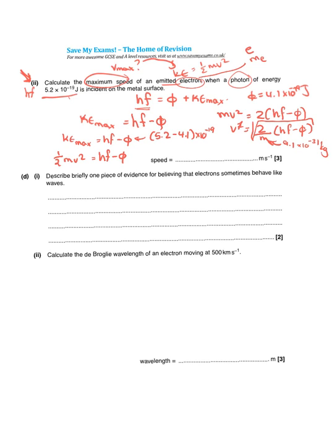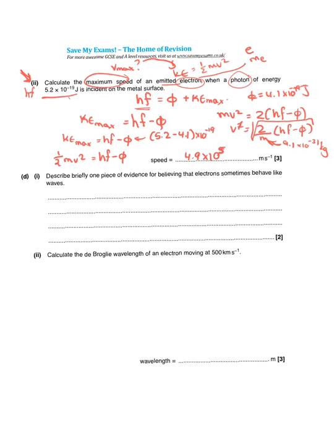Just put the numbers in and you should be getting 4.9 times 10 to the 5 meters per second, which is logical since it's not faster than the speed of light, and since it's removed from the metal surface, it shouldn't be much faster than that. So it's a good logical number.